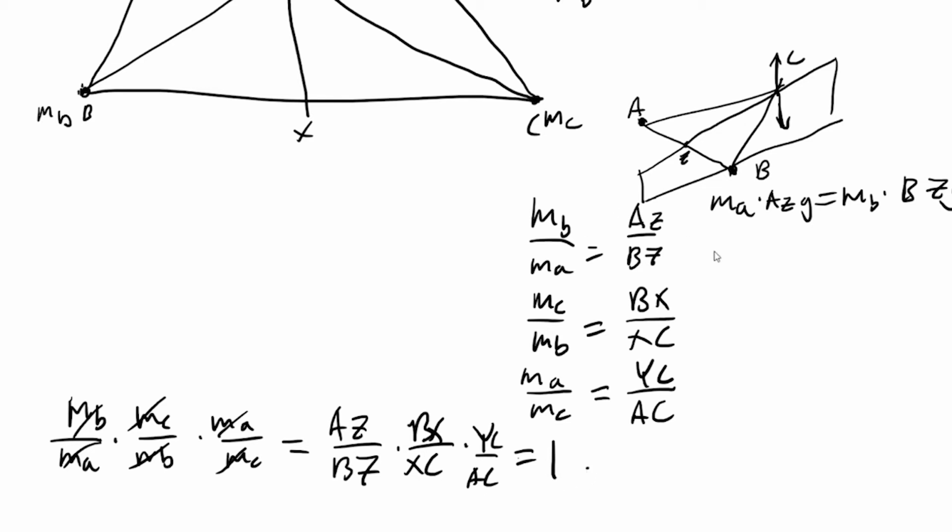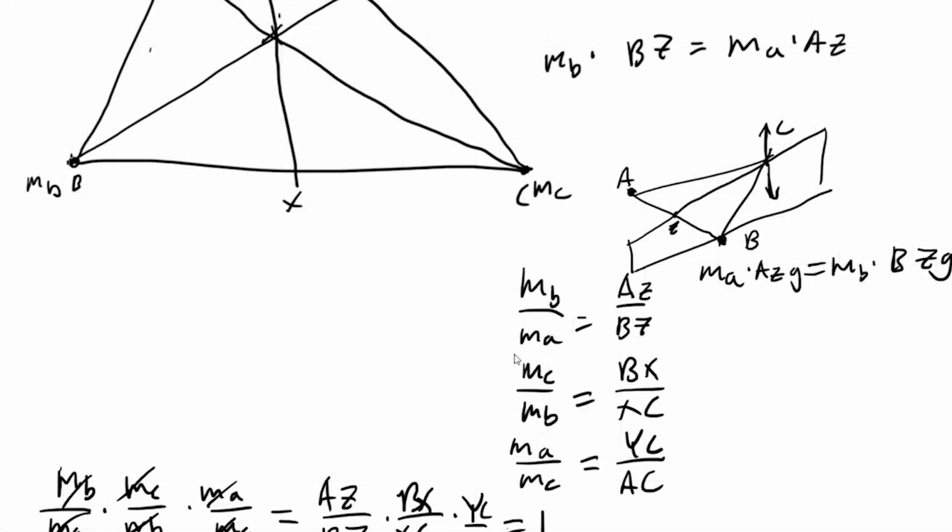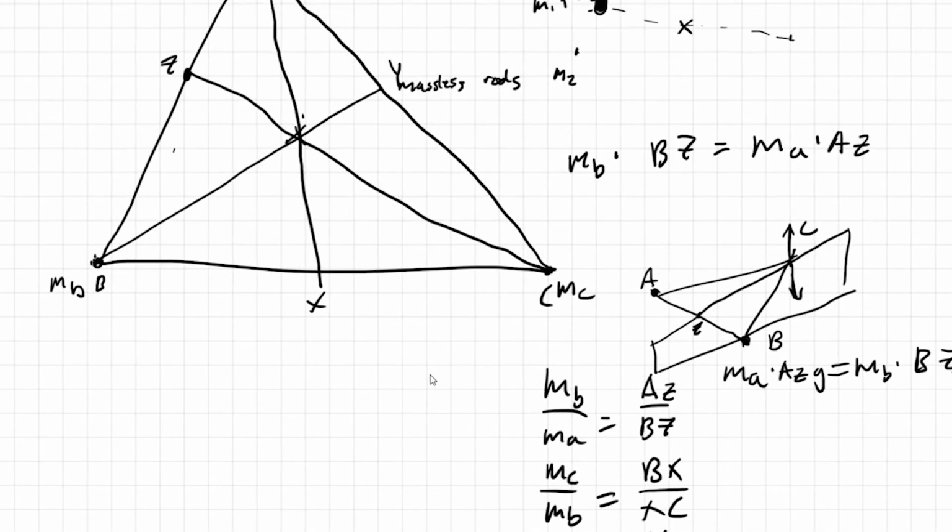And we have proven the if direction of Ceva's theorem. And we've done that purely with physics. No math here was actually done except for this part of writing out the equations.